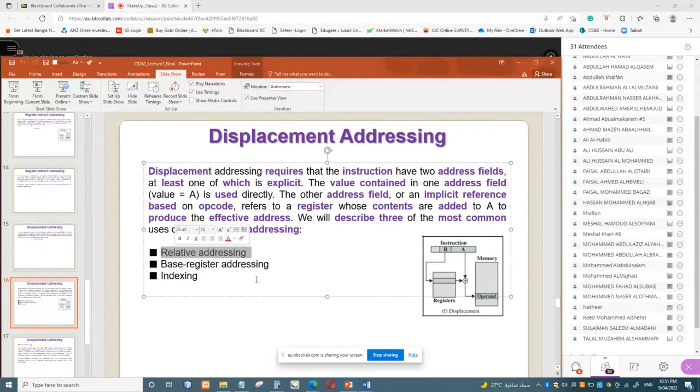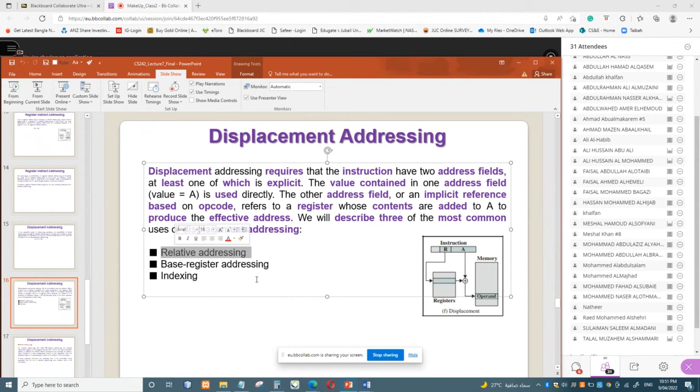But with the PC, we add some displacement so that the CPU can jump to a particular instruction where it is supposed to execute. For example, sometimes we are executing an if statement, and an if statement or for statement jumps from the loop to exit.